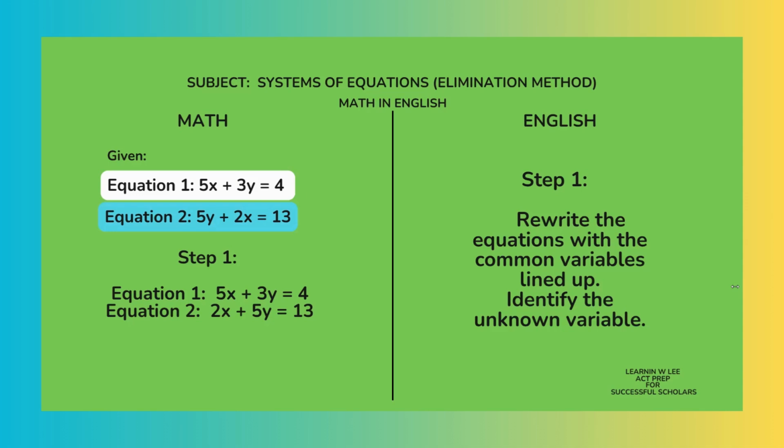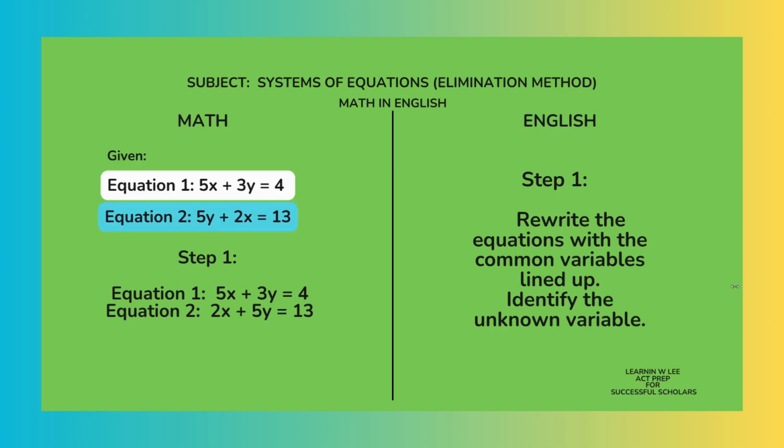All right, so for our first step, we want to rewrite the equations with the common variables lined up and then identify the unknown variables. In our system of equations, we'll always have variables. In this case, we have variable x and variable y. Sometimes in more challenging problems, you might have a variable z as well.